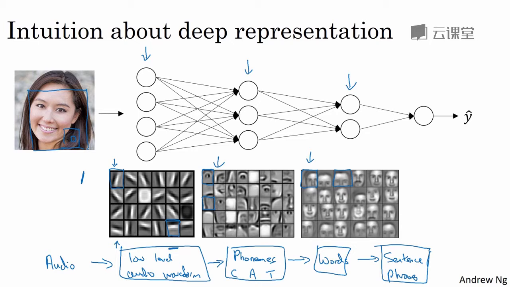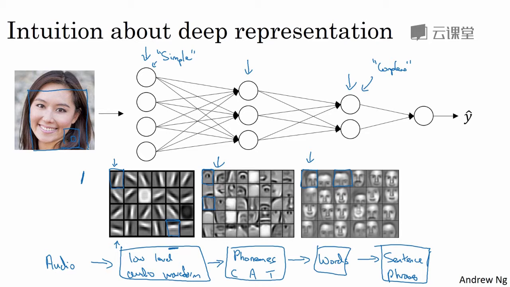And what we see is that whereas the earlier layers are computing what seems like relatively simple functions of the input, such as where the edges are, by the time you get deep in the network, you can actually do surprisingly complex things, such as detect faces or detect words or phrases or sentences.